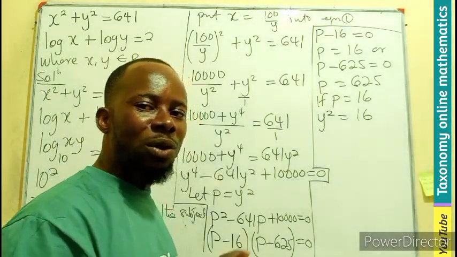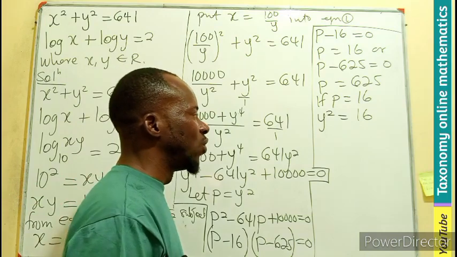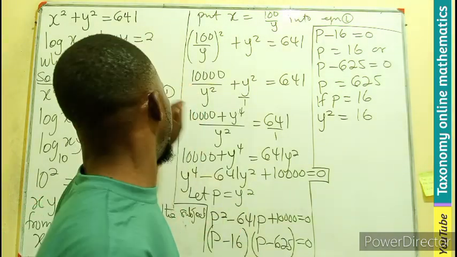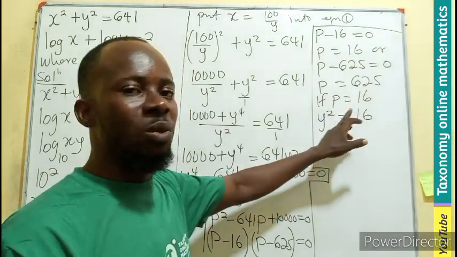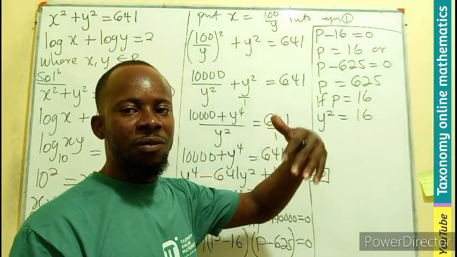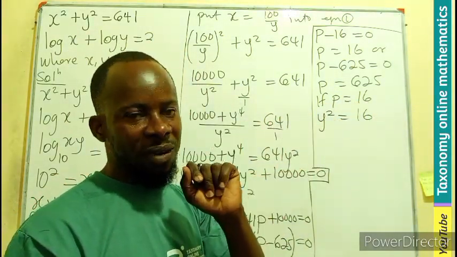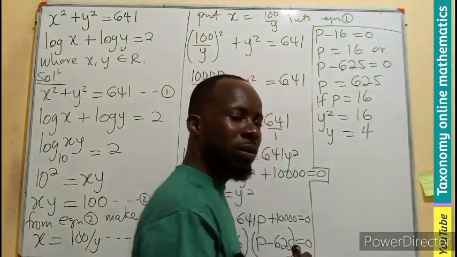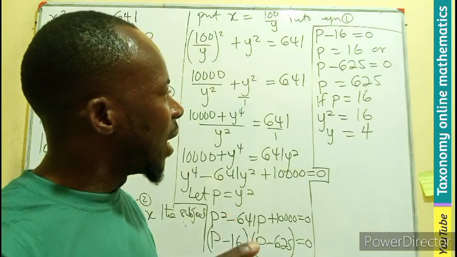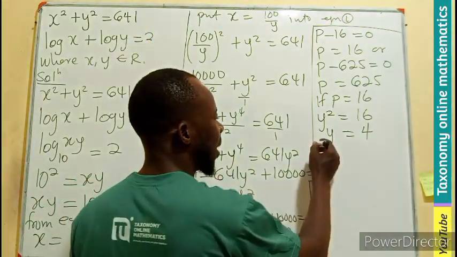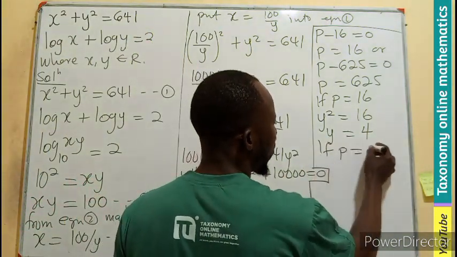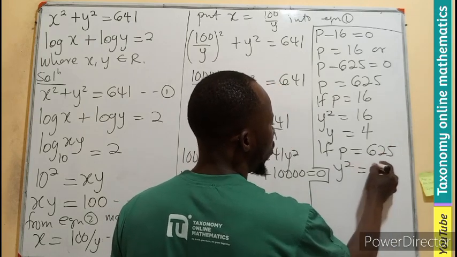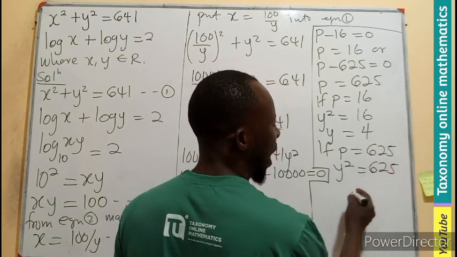So we find the square root of both sides. We are going to ignore the negative values because we are dealing with logarithm also. So this is going to be positive and negative values, but we stick to the positive value. So y will be equal to 4 where p is 16. And if p is equal to 625, y squared will be equal to 625.